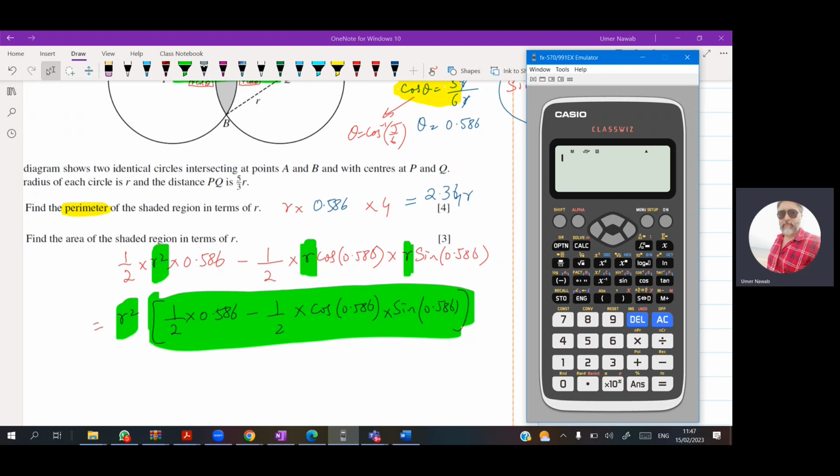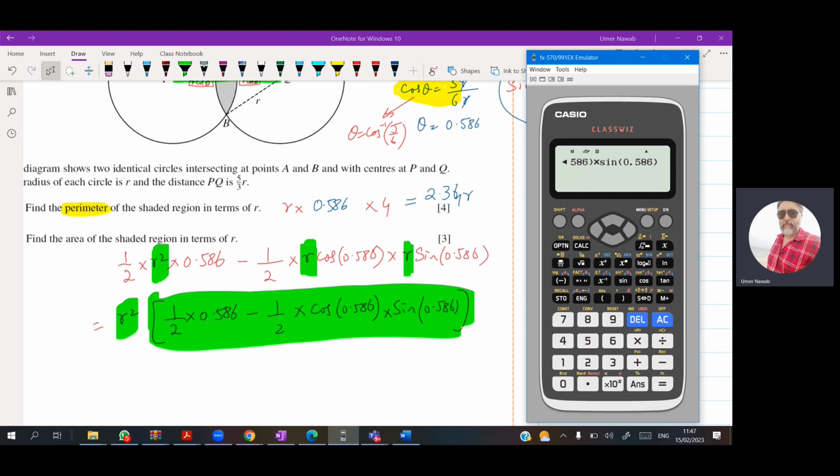I have half times 0.586 done, minus half times cosine 0.586. I need to close the bracket, then times sine 0.586, close the bracket.